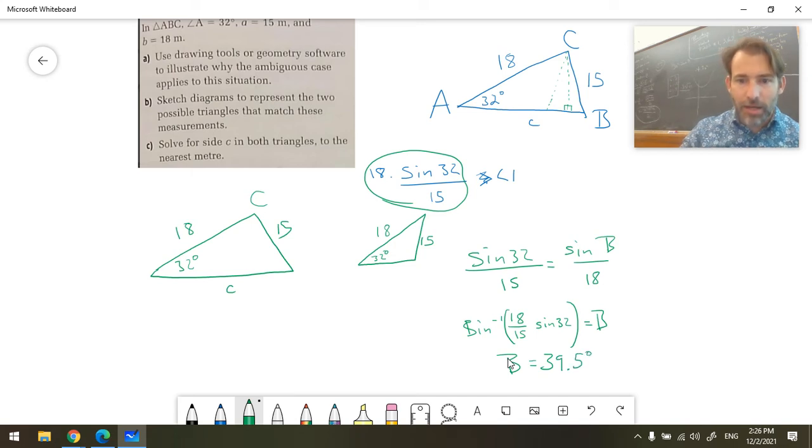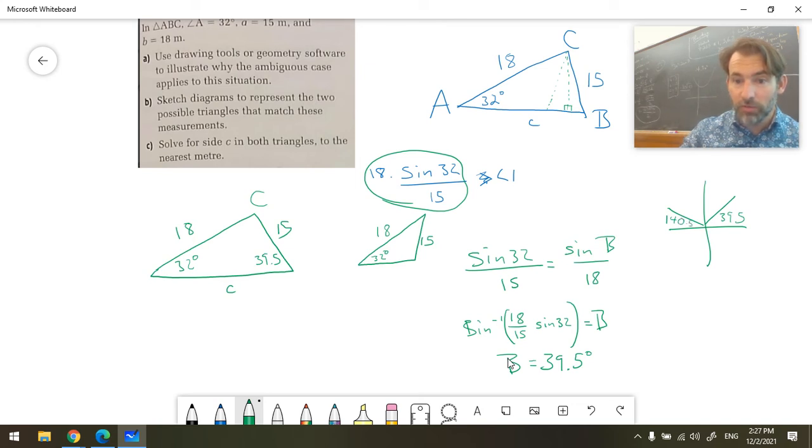Now I know this angle here in this triangle, 39.5. This angle is going to be different, but it will have the same value of sine. Just to recall, if I have 39.5 here, then I would have the same sine over there, which would be 180 minus 39.5, so that would be 140.5 degrees.